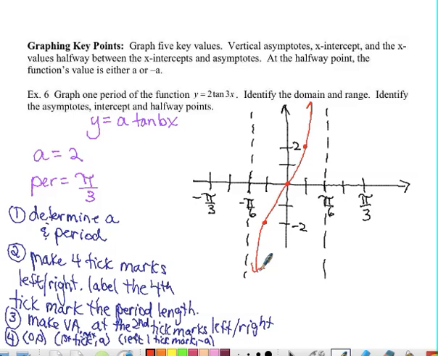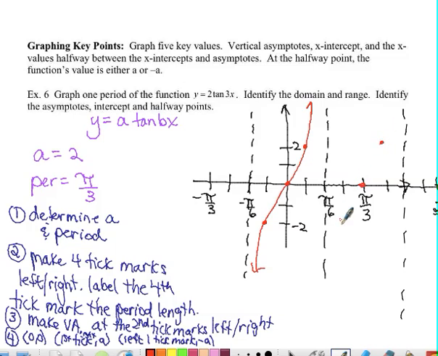Then what we could do is we could go and add 4 more tick marks. 1, 2, 3, 4. That's another pi over 3. So let's call it 2 pi over 3. And then 2 from there, from my last tick mark, would be another vertical asymptote.